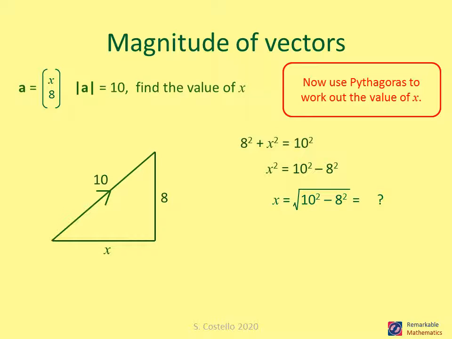So x equals the square root of 10 squared minus 8 squared, which gives us the square root of 100 minus 64, which is the square root of 36, which is 6. So x equals 6.